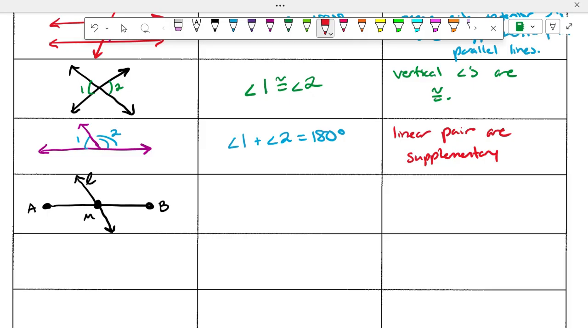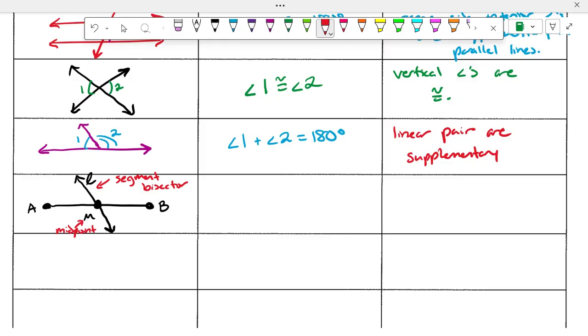They do what? Starts with a B. They bisect. All right. So this is called a segment bisector because it crosses a segment at its midpoint.